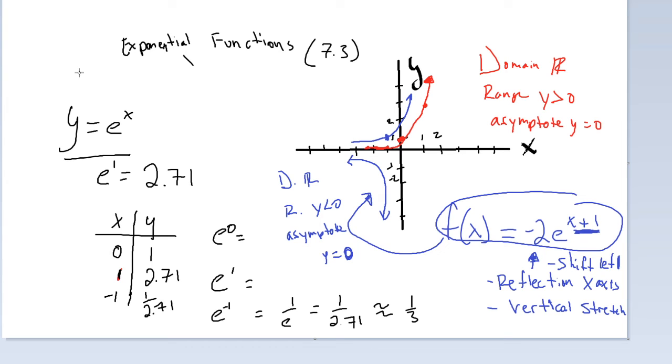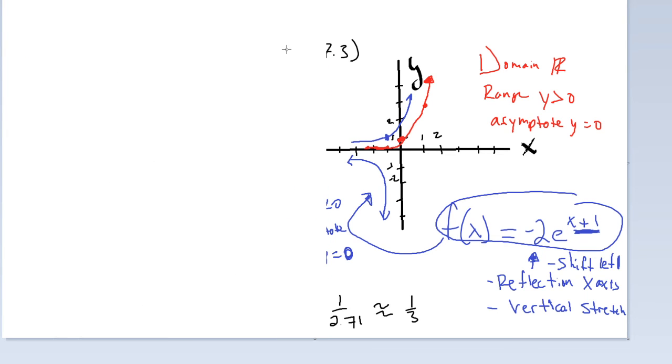Sometimes if I have an equation like this, it might be asking for the rate of change. So let's erase all this and all this. And let's do another equation. In fact, let's do the same one.